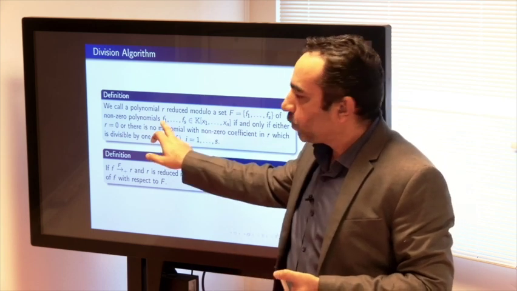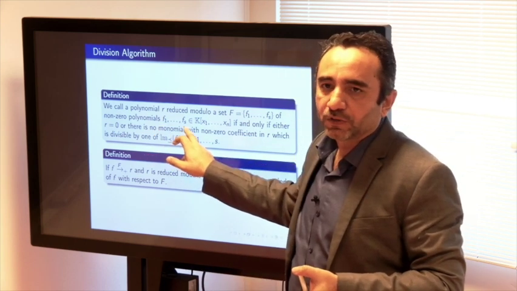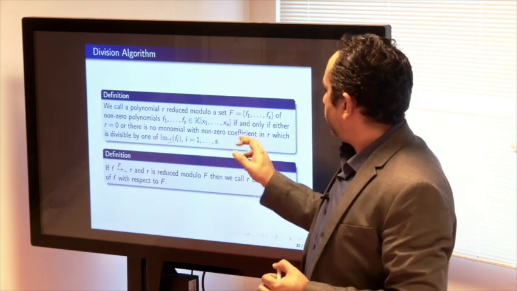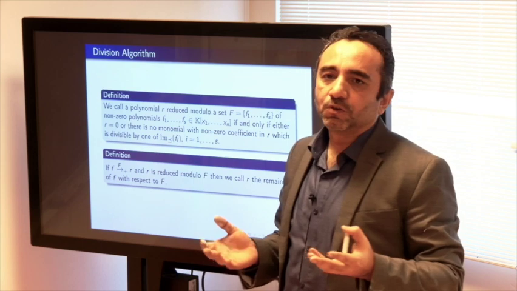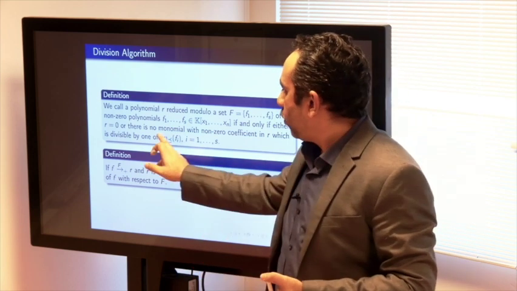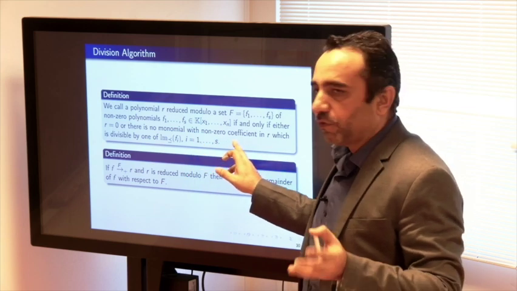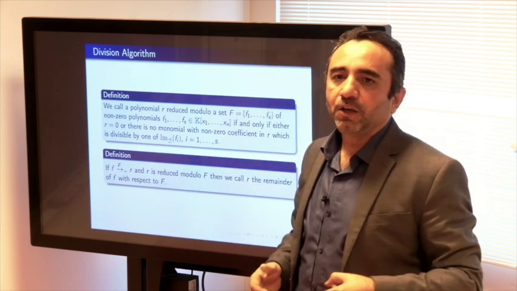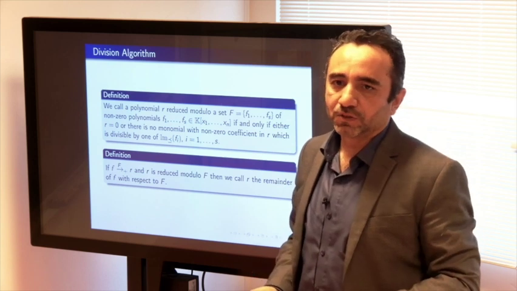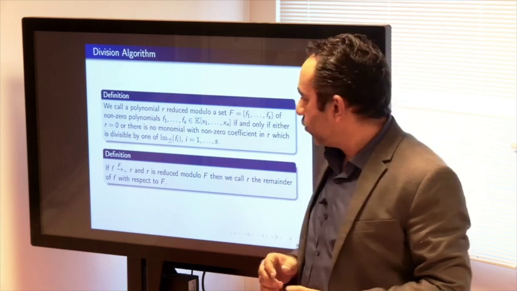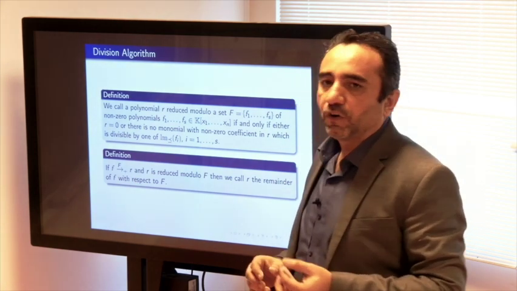In this case we divide with a set of polynomials, so all of them should be non-zero. This holds if and only if either r is equal to 0, as the remainder can be 0, or no term in r with non-zero coefficient is divisible by any of the leading monomials of fi. This is the same condition we already discussed on the board, that we are looking for that remainder.